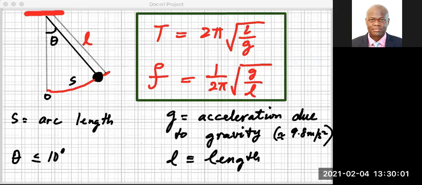Yes, somebody has their hand up. Can you unmute yourself and ask a question? Yes, what is the symbol for the first equation that you have in the box? The symbol over the g? L. L, okay, I thought so, just making sure. Thank you. So it's L over g.